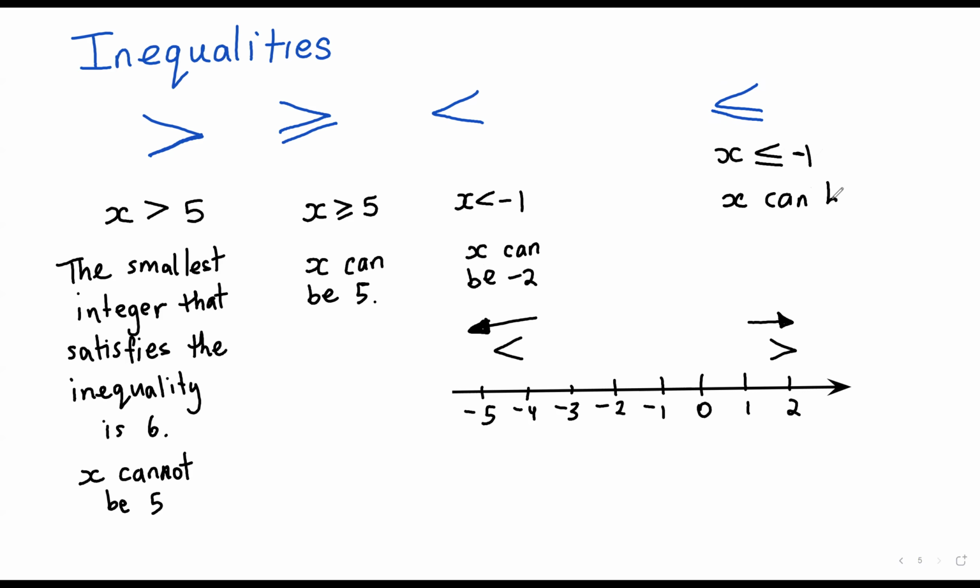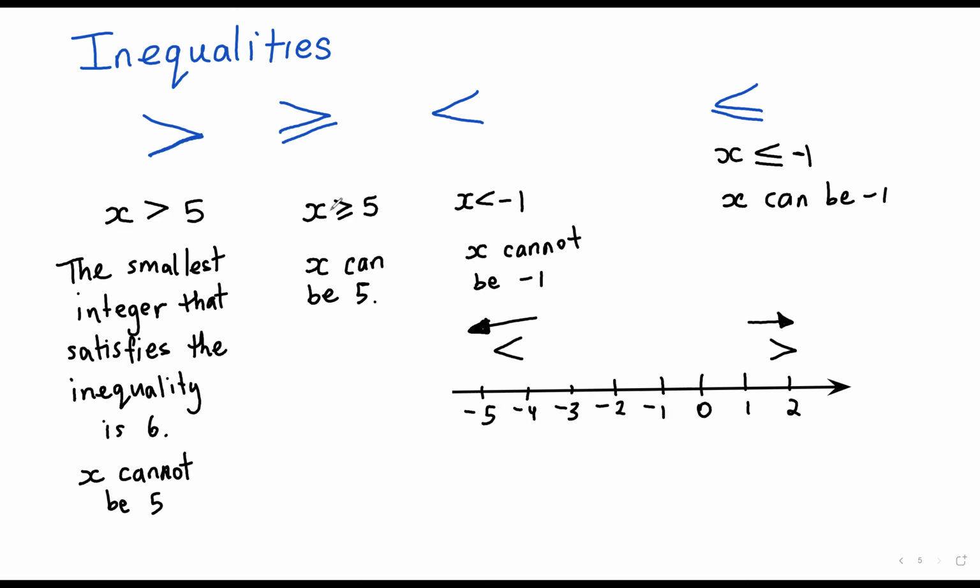But in this case, if x is just less than -1, x cannot be -1. In the same way, if x was greater than 5, x cannot be equal to 5.